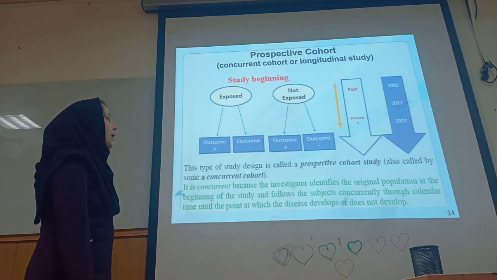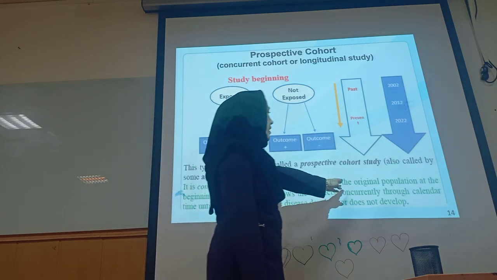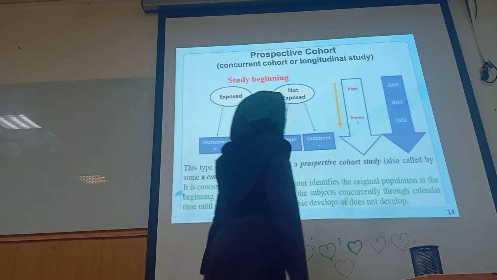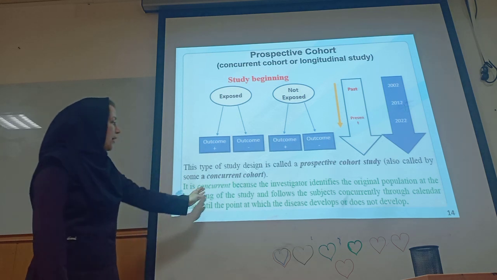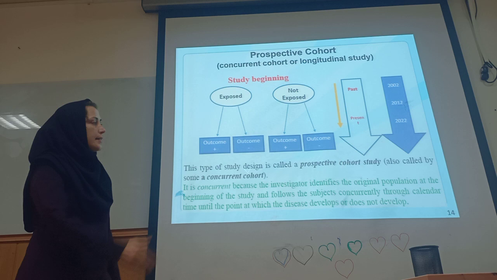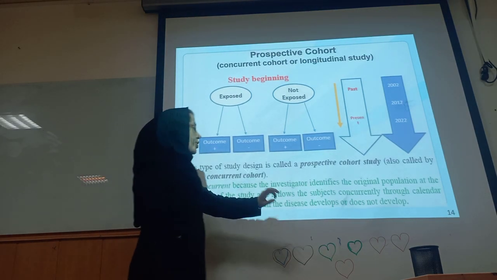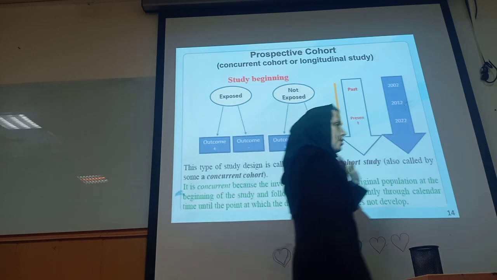It is concurrent because the investigator identifies the original population at the beginning of the study and follows the subjects concurrently through calendar time until the point at which the disease develops or does not develop.